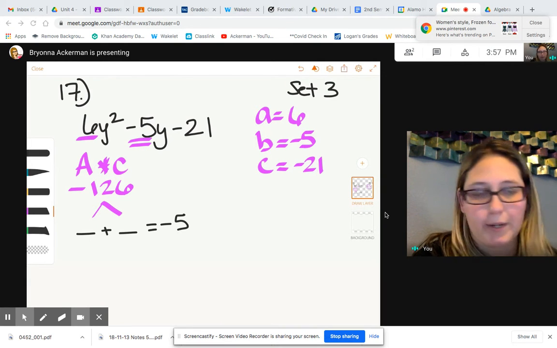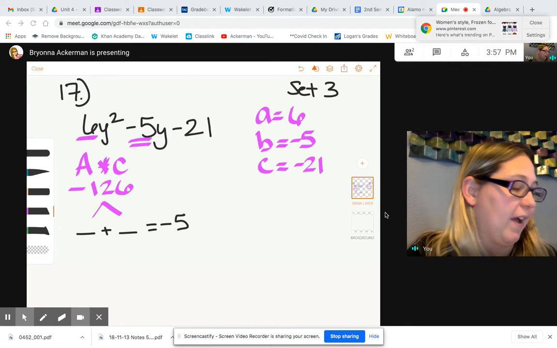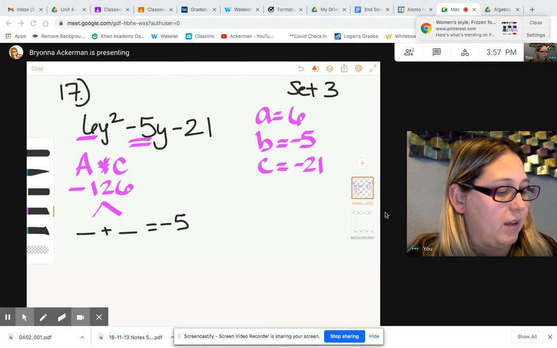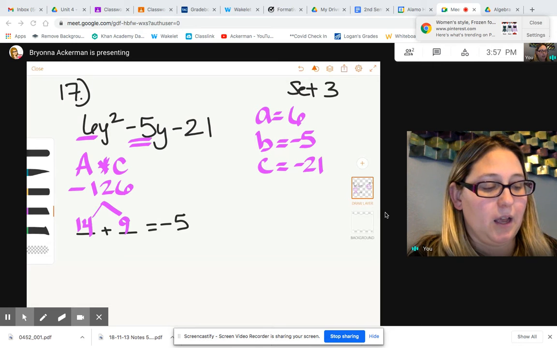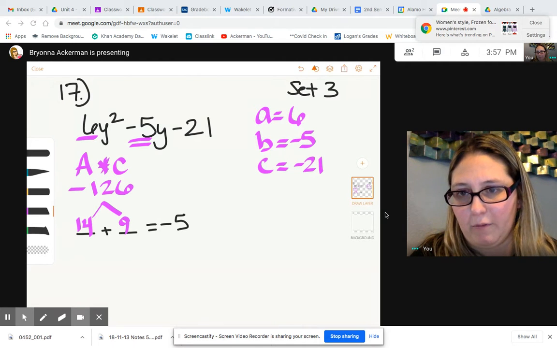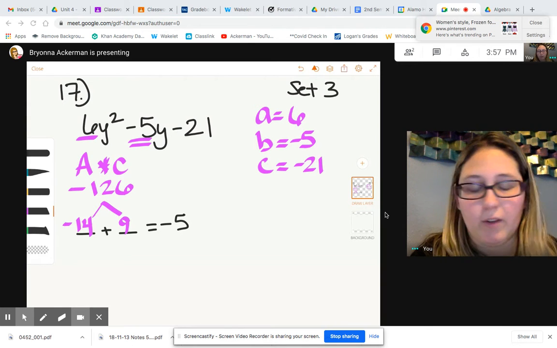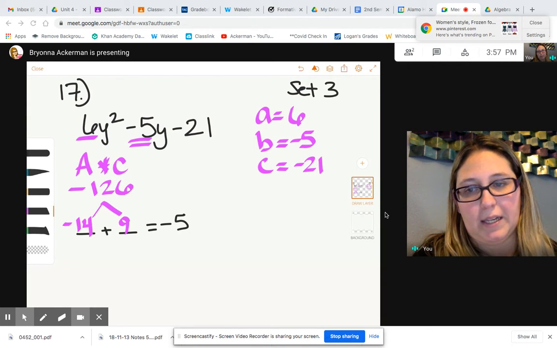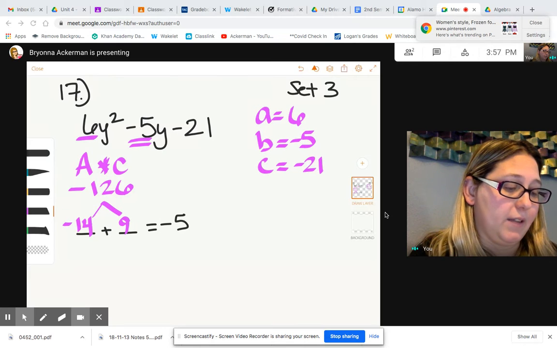That's not going to get us close to -5, so 3 is not big enough. You want to go a little bigger, so let's try 9. 14 times 9 is 126, and we need one of them to be negative. Since it's -5, you want the bigger one to be negative. So the question is, is -14 plus 9 equal to -5? In this case, it is. So these are what you're going to work with right here.